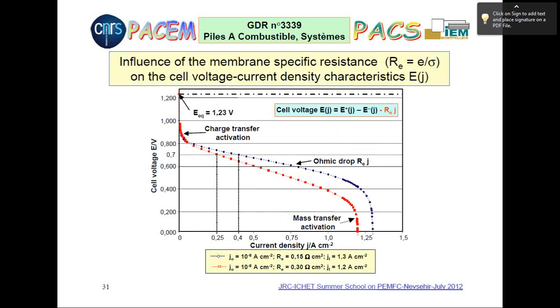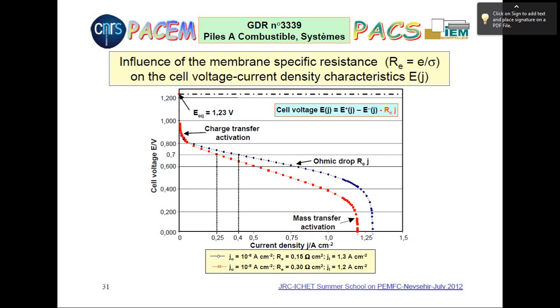So just now the same curve, but the effect of the specific resistance. We call specific resistance the resistance related to 1 square centimeter, a surface area unit, because it is a heterogeneous process depending on the surface area.